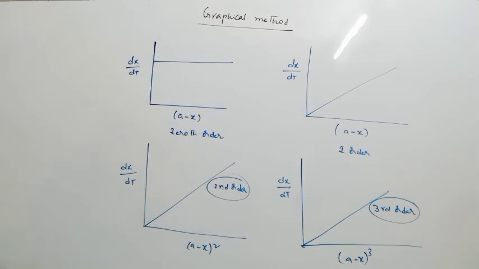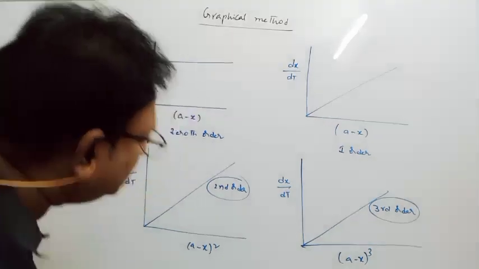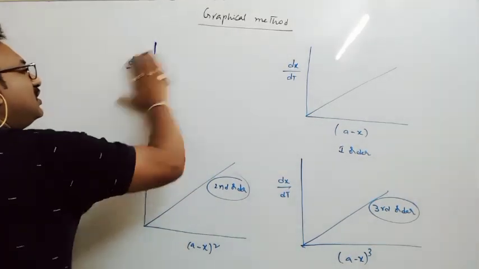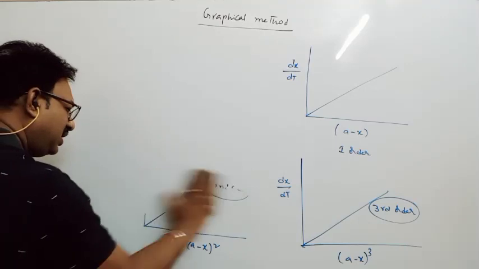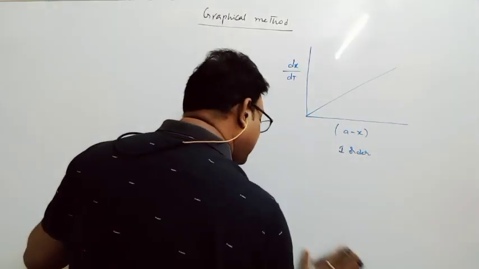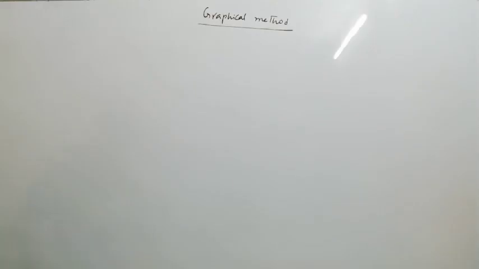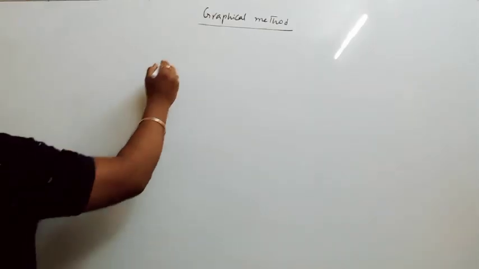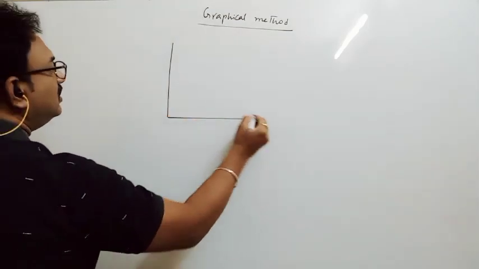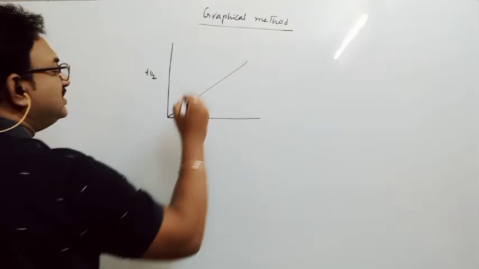You can go through half-life graphs also. Not only this one, you can go for half-life graphs. In the graphical method you can predict the order as per half-life and initial concentration graphs also. Half-life versus initial concentration. First, T half versus A is like this.